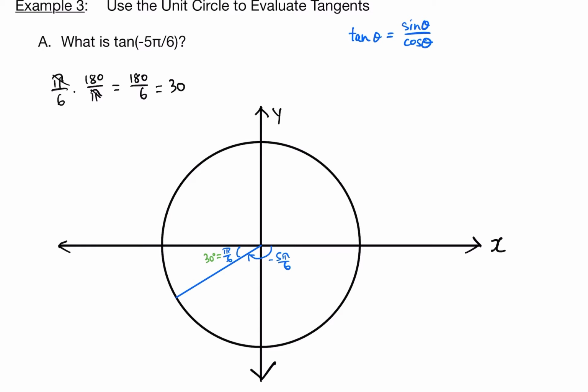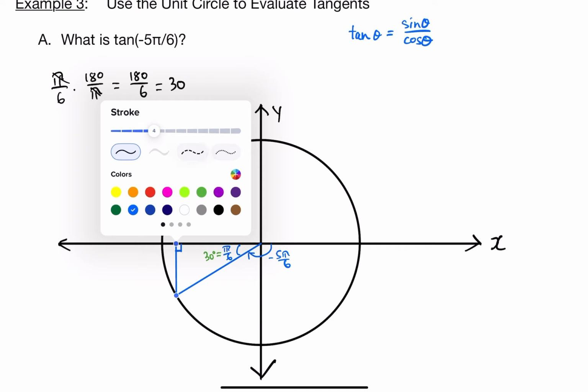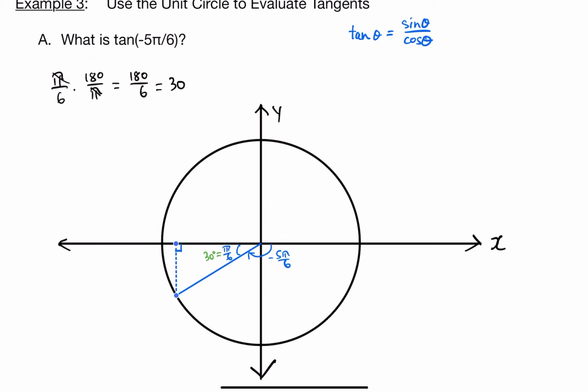Now, again, we're going to create a right triangle. So I'm going to go ahead and drop this side of the triangle, and we're going to make this a right angle, and we're going to go ahead and just change this to a dotted line. Okay, so now what we have is a 30, 60, 90 degree triangle.